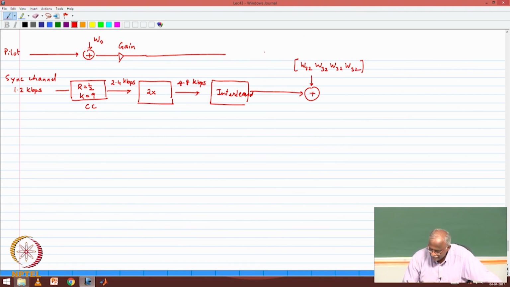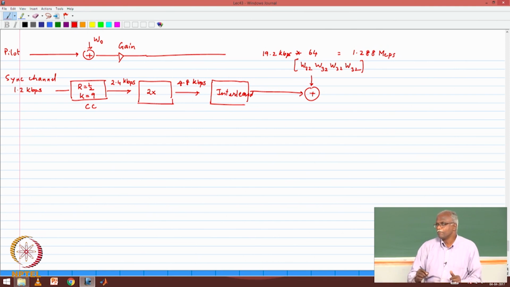You can think of it as a sequence coming at 19.2 kbps, this 4.8 multiplied by 4, multiplied by the 64 length sequence, which comes out to 1.2288 mega chips per second. That is the bandwidth of CDMA 2000. So W0 is at 1.2288 mega chips per second, and this channel is also at 1.2288 MCPS.